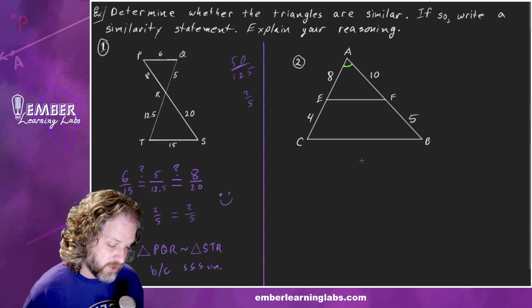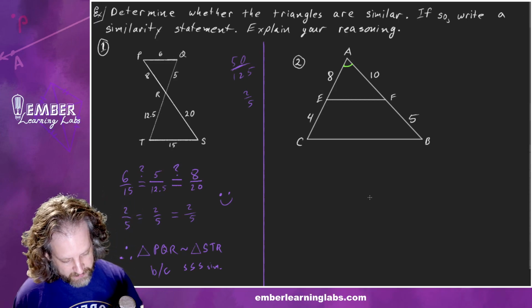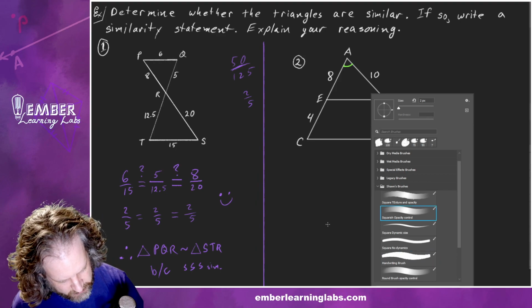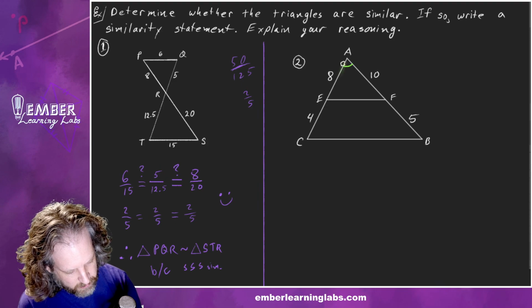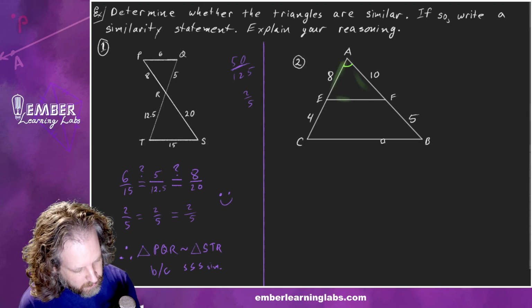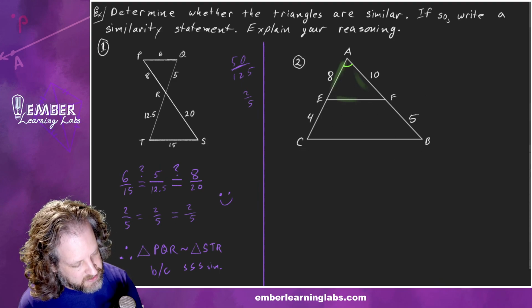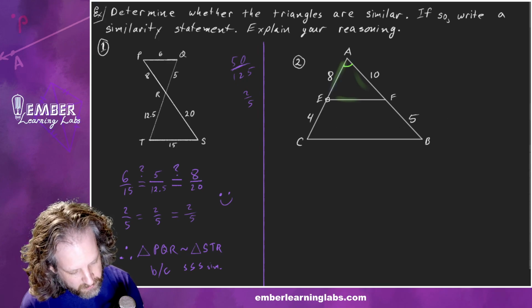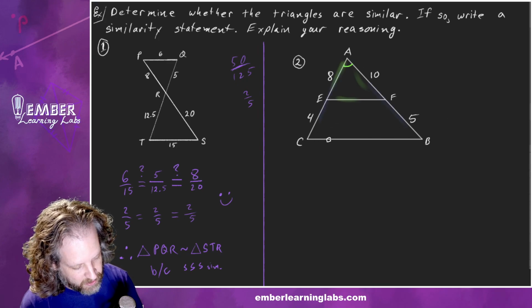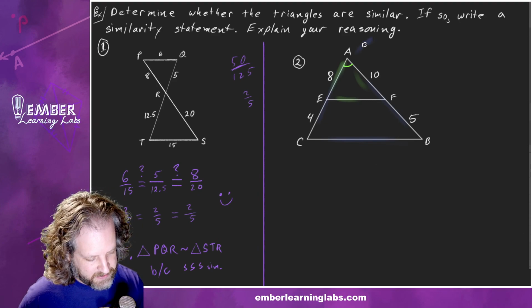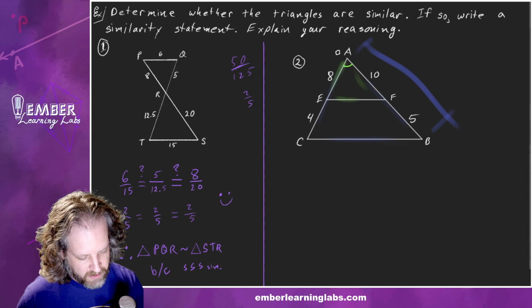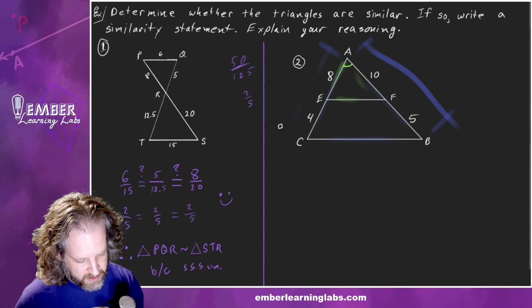Now this is a little bit tricky, right? Because we've got this triangle here, this little one here, but the big one has actually got this segment addition thing going on, right? So in order to figure out whether they're similar, we need to find this large length here and this large length here. How can we do that?